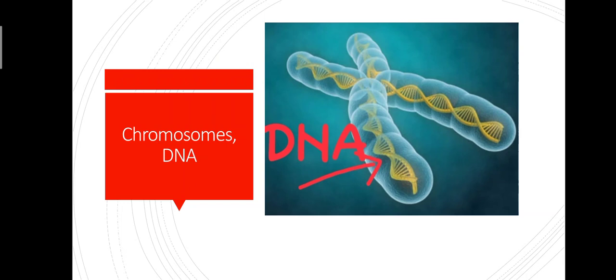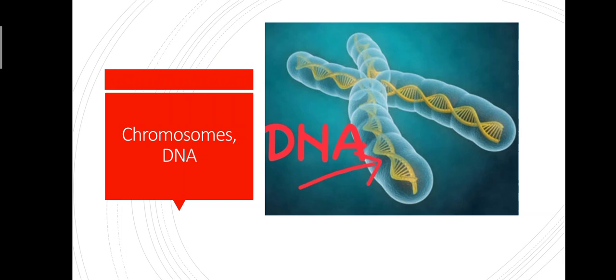Genes are the unit of inheritance which is responsible for passing genetic characteristics from parents to their offsprings. A child receives one copy of each gene from the mother and another copy of the same gene from the father. This is about the nucleus.